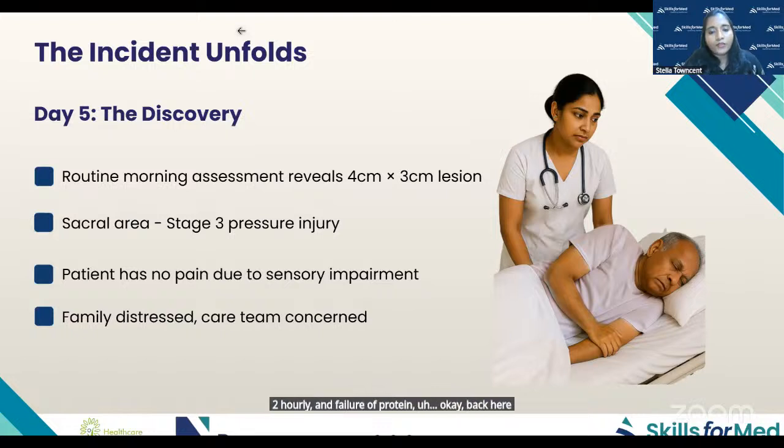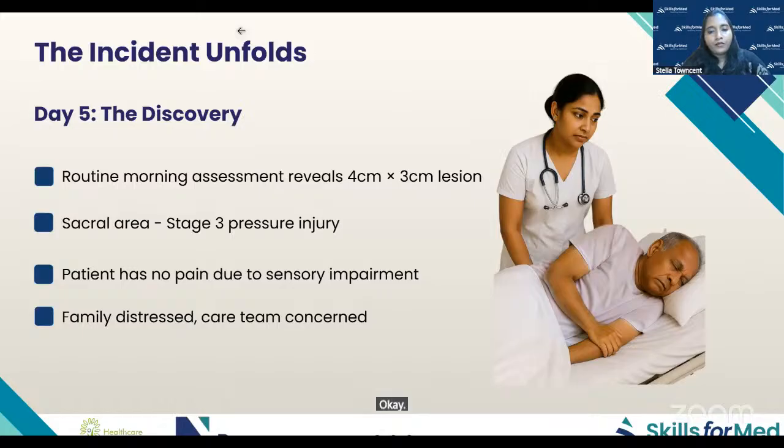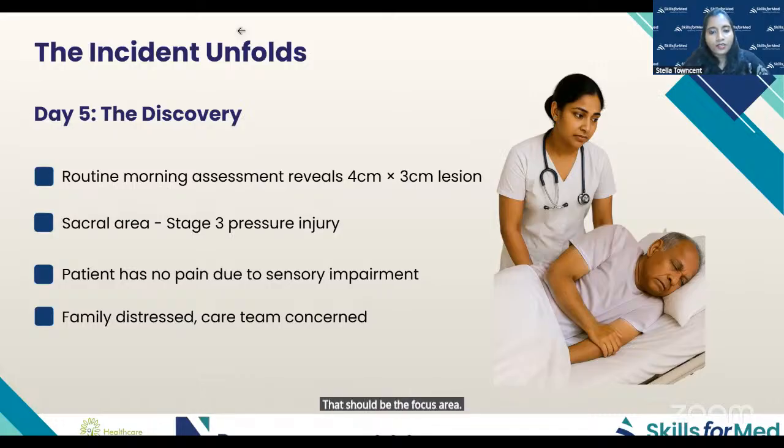Poor observation, poor nursing assessment. Lack of handing over. I could see one different answer: sensory impairment should be the focus area. Nutritional assessment. Okay. Thank you so much for your response.